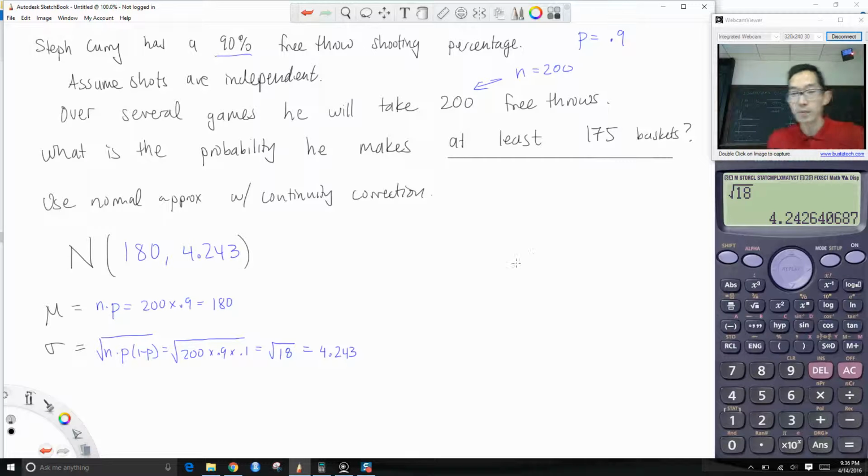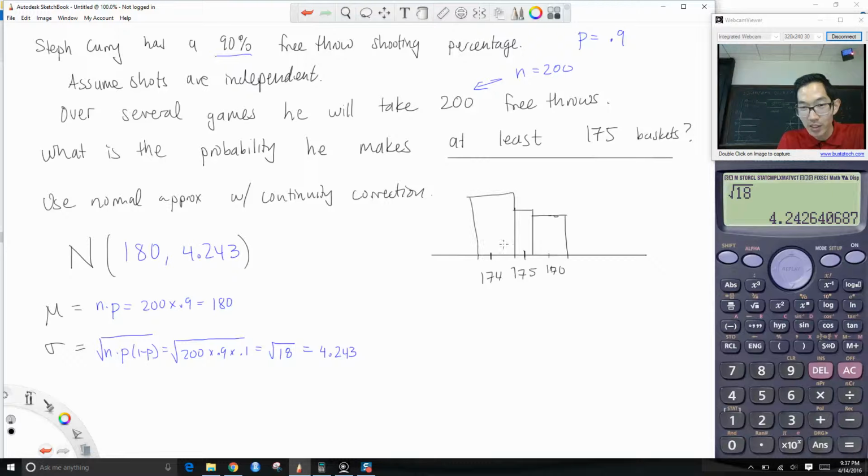All right, and so we want 175 baskets or more, right? We're just imagining a bar centered at 175, a bar at 176, and a bar at 174. These bars should all be equal height.